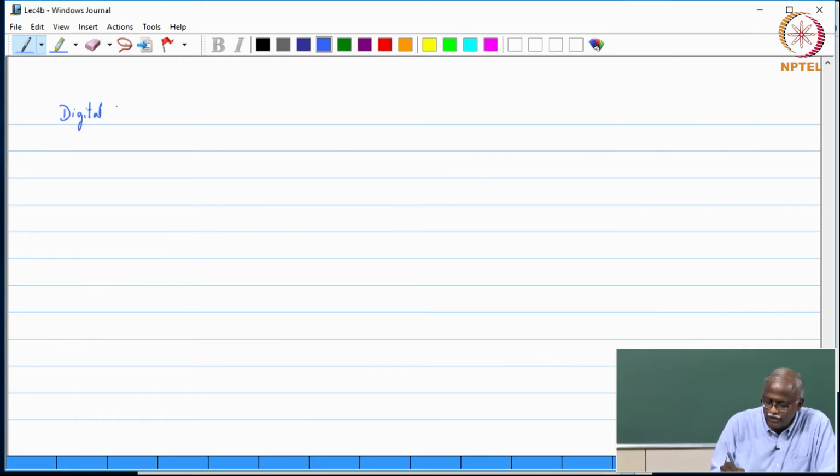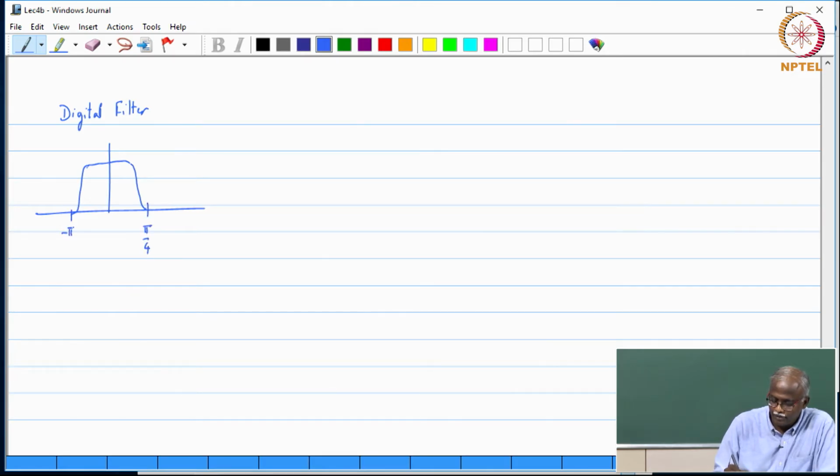so a digital filter, okay. Now we said that we have a digital filter which has a certain response, and we can specify it, and the cutoff happened to be pi by 4, minus pi by 4.